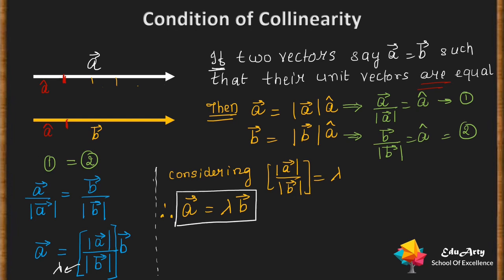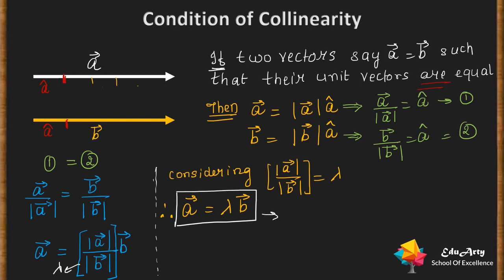I hope everybody is getting it. This is one way of looking at it, or the first condition of collinearity, where A vector can be represented as lambda into B vector, if two vectors are collinear.